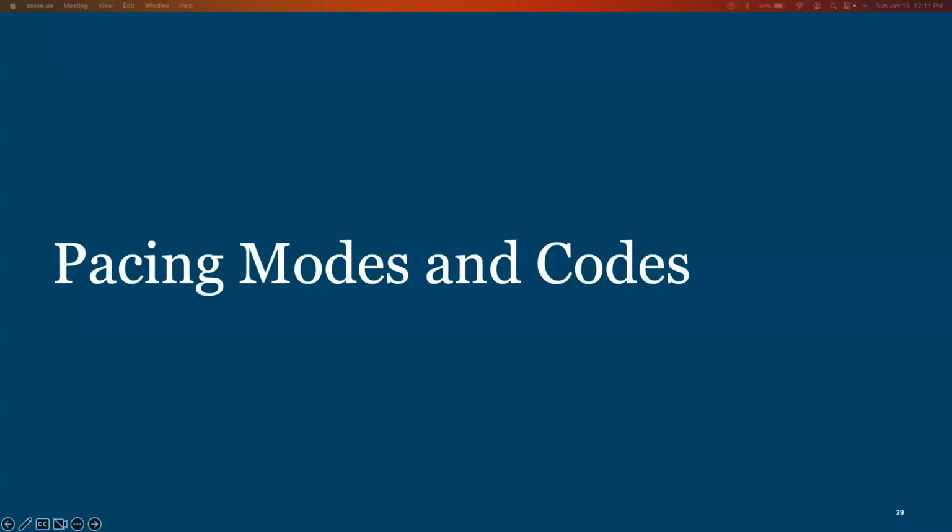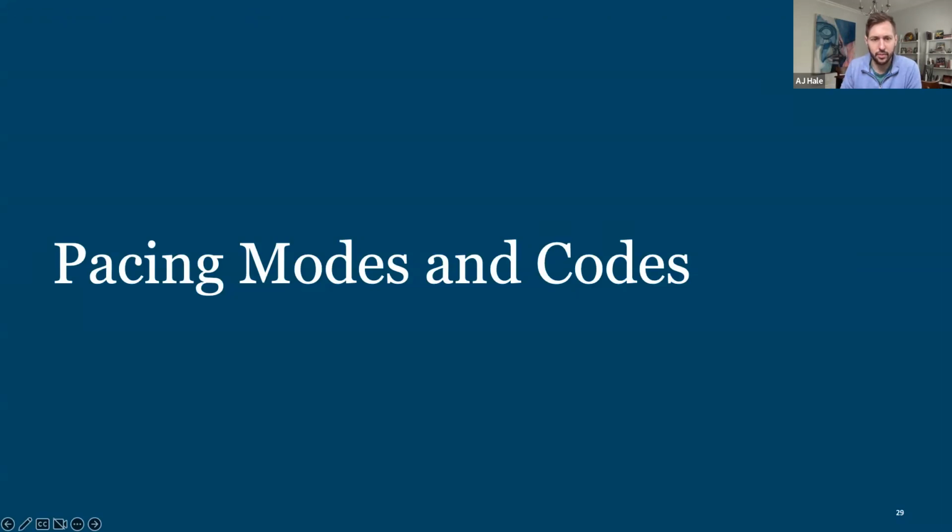It's not gone to share screen yet. There you go. It's pacing modes and codes. Perfect. Okay, fantastic. So I'll go ahead and jump in. If people need to be let in, please let me know, because I can't really see that using my tiny screen right now and my presentation. So we'll be happy to add them as they come though.